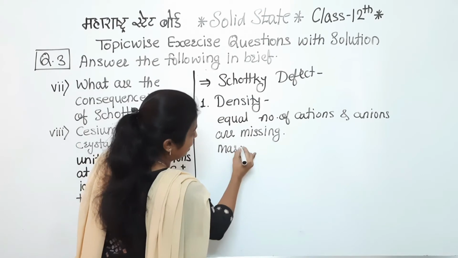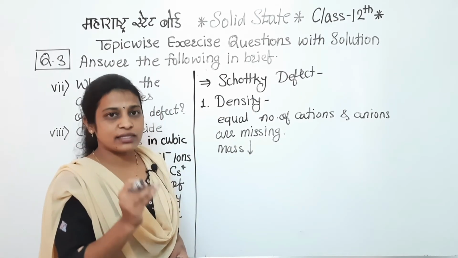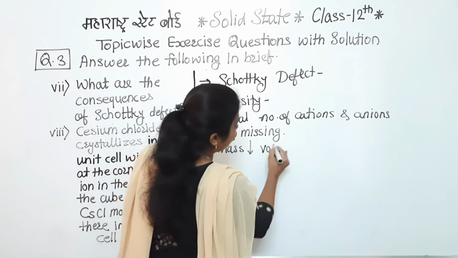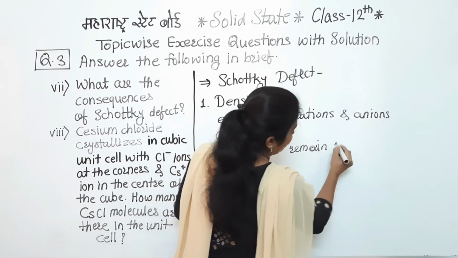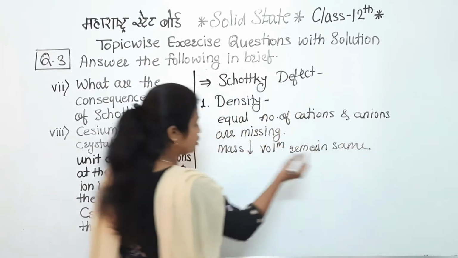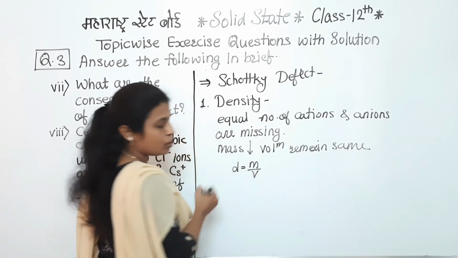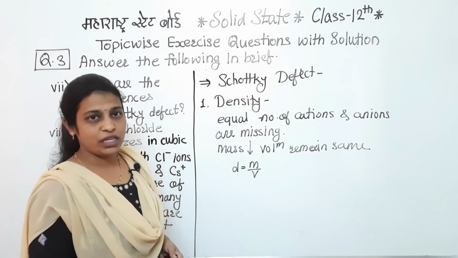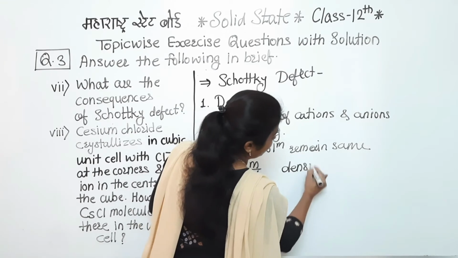Mass will be decreased, but volume will remain the same. As we know, density formula is density equals mass upon volume. If mass changes, obviously density will change, means mass decreases, so density also decreases.